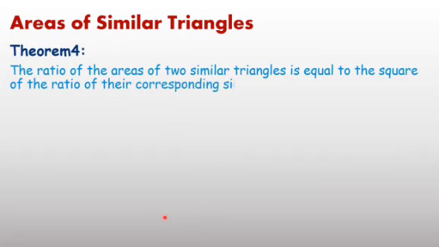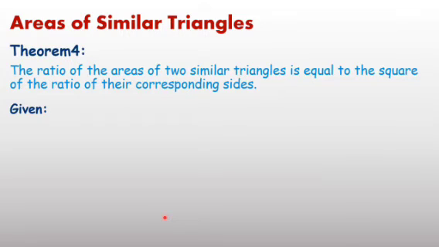If two triangles are similar, then the ratio of areas of the triangles is equal to the square of the ratio of corresponding sides. But this theorem is applicable only if two triangles are similar.